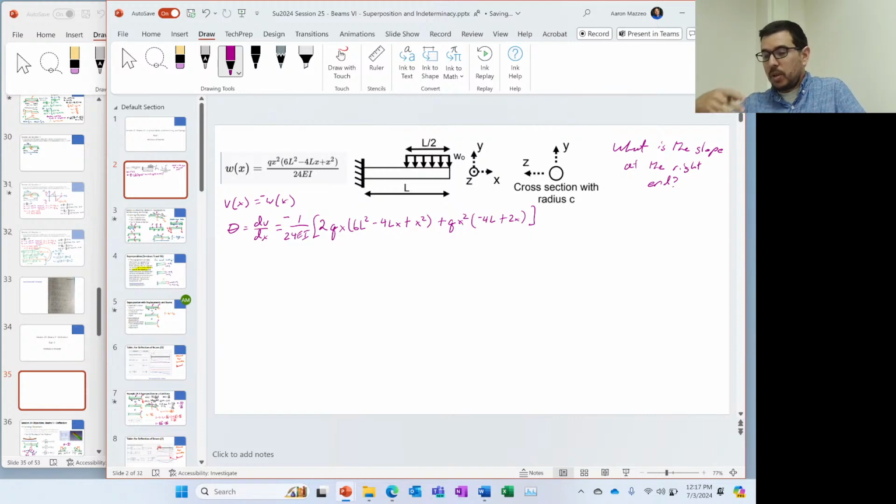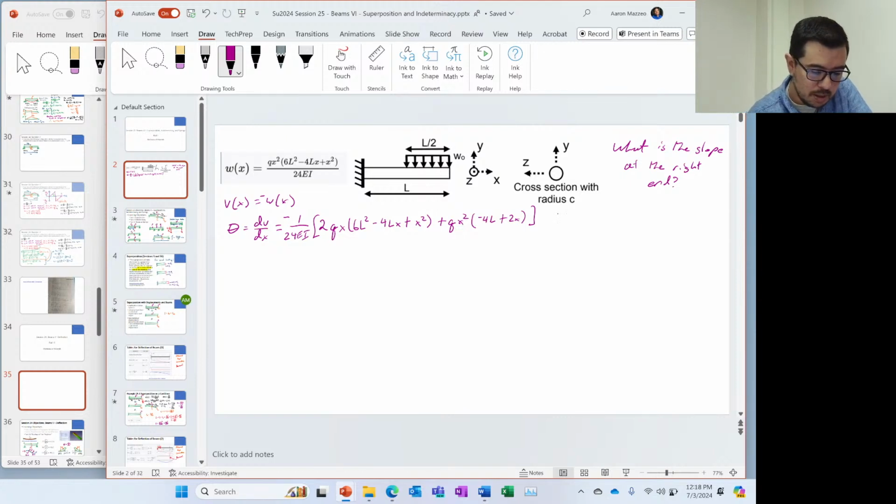Now, what is this? This is an equation that describes the slope if you have a beam that is undergoing this distributed force across the whole thing. As we'll talk about today with superposition, this is not necessarily, well, we can use these relationships to describe different scenarios that are not the ones that we've represented by this equation, right?